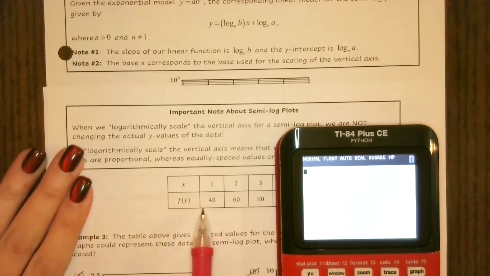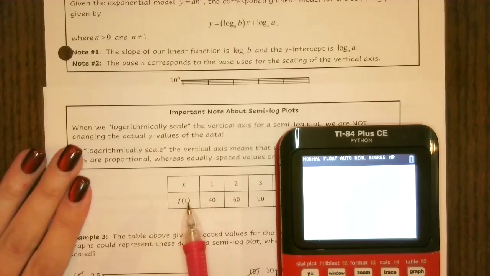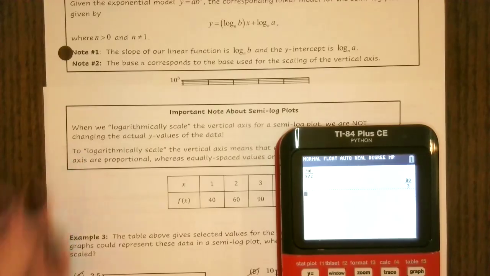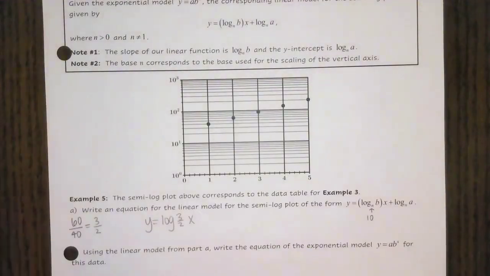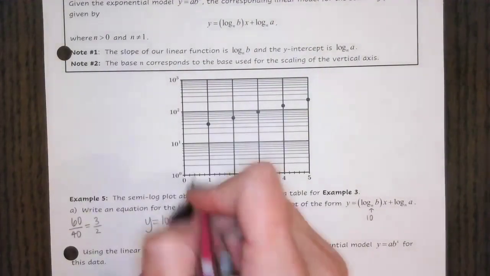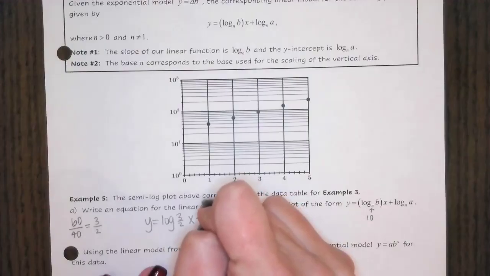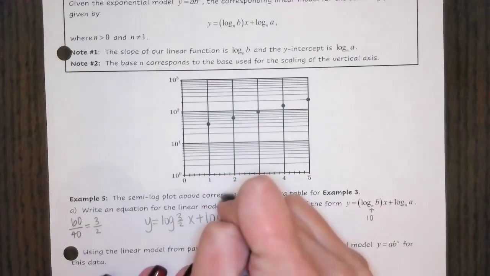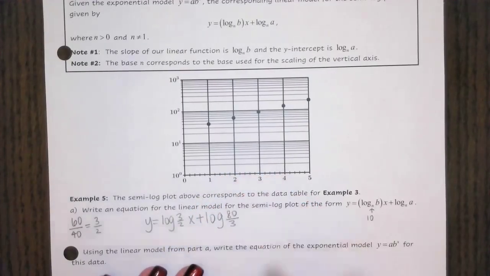When we discovered we're multiplying times 1.5, 3/2, to get to each one of these, I would divide to get back this way. So I'm going to divide 40 by 3/2. And so we get 80 over 3. And so that is plus log of 80 over 3.